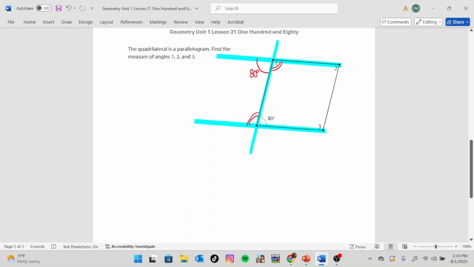So I can take this 80-degree angle at the top plus angle number 1 is going to equal 180 degrees. I can subtract the 80 degrees from both sides, and that tells me that angle number 1 equals 100 degrees. So this is a 100-degree angle, and so is this.